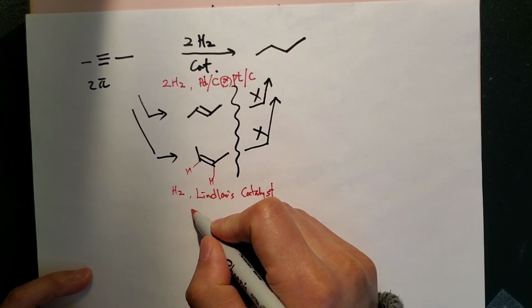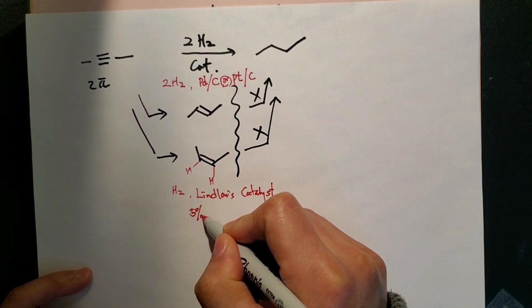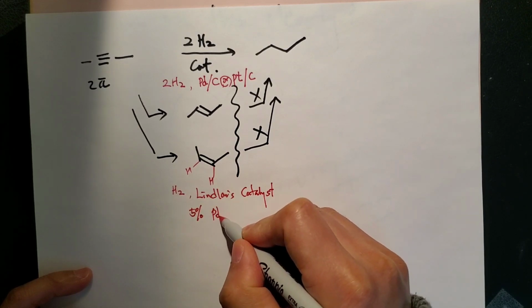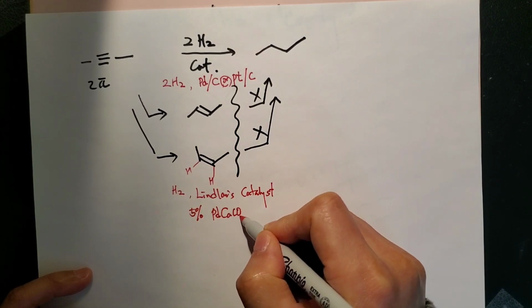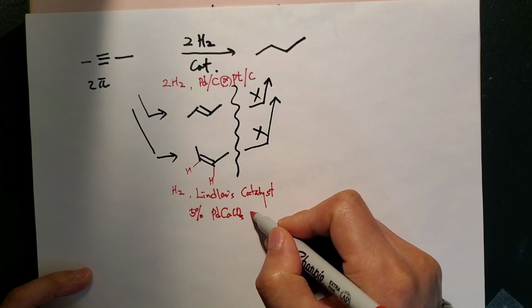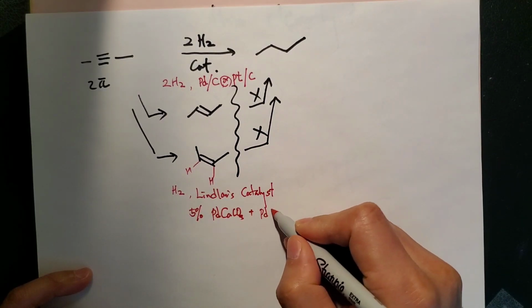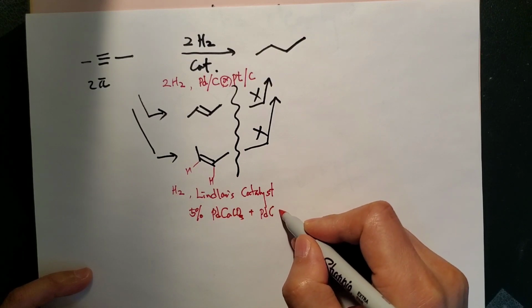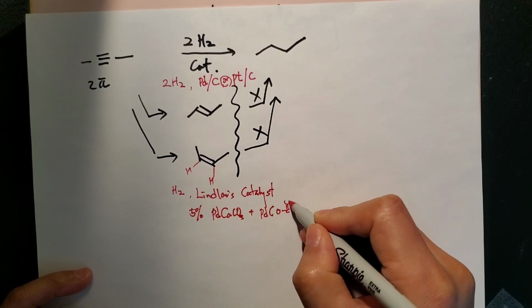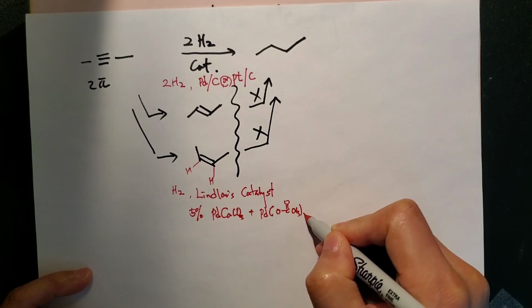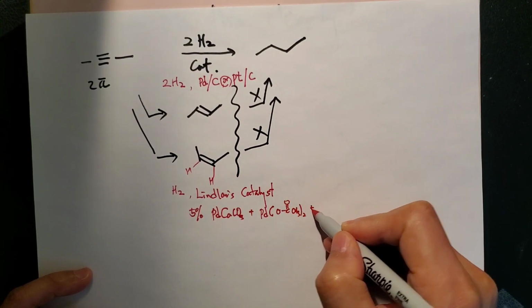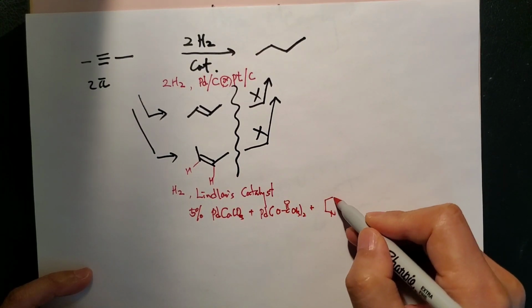To be exact, you need 5% of palladium, calcium carbonate, and also you need lead acetates along with some base.